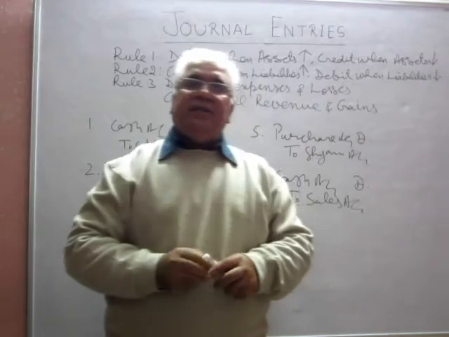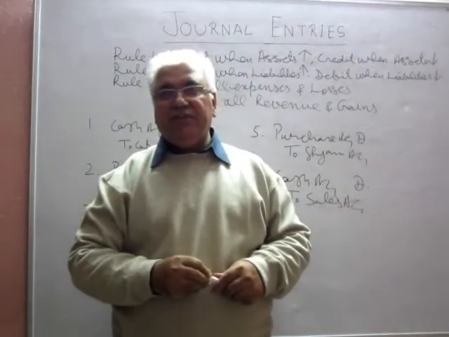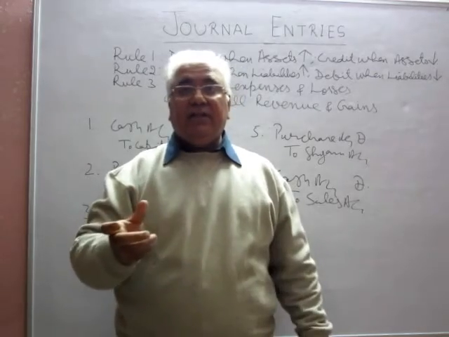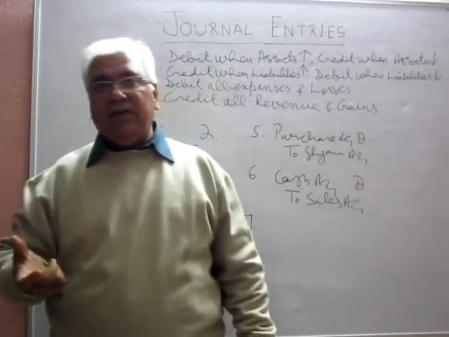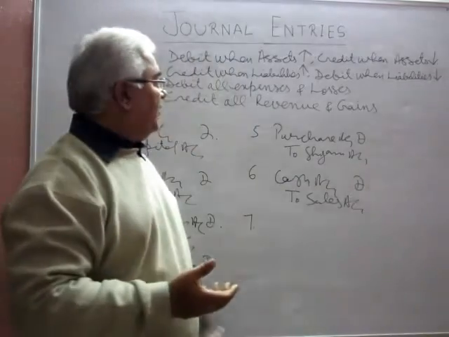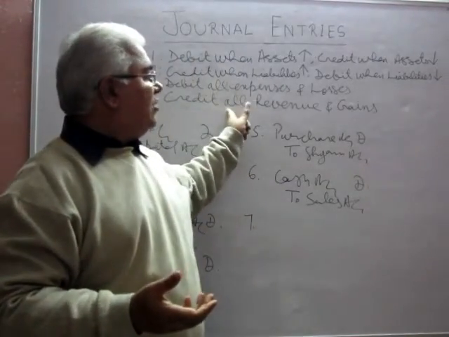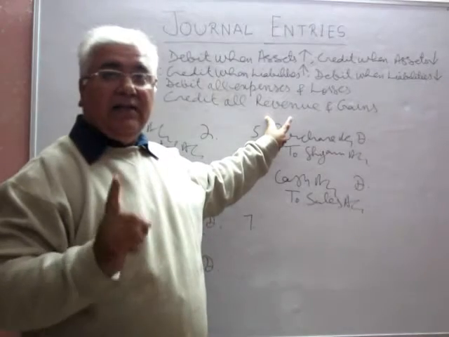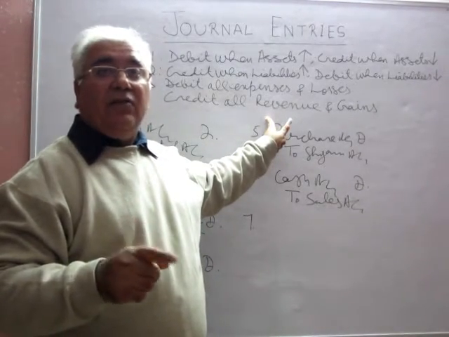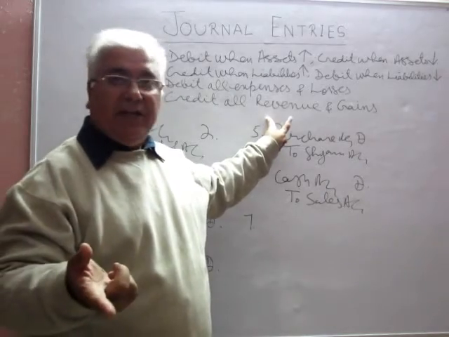Our next entry is sold goods to Naresh on credit. In this case, again sales account is involved. Since we have sold, and sales account, as you know, is a revenue account, and the rule is credit all revenues and gains, hence sales account will be credited. But we have sold it on credit to Naresh.